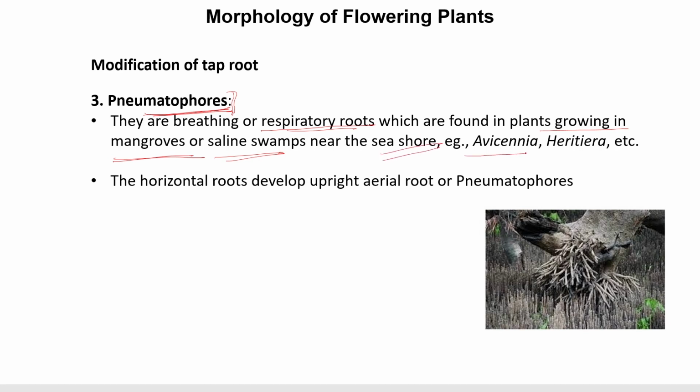Examples are Avicennia and Heritiera. The horizontal roots develop upright aerial roots or the pneumatophores. So what happens? Suppose this is the salty swamp area, and this is the main tree or plant. Now, its roots will come out like this.